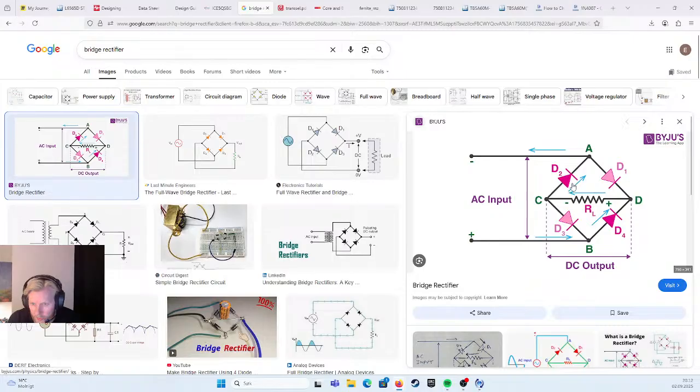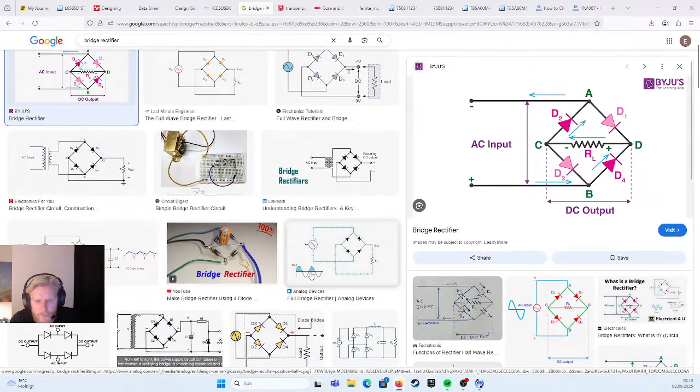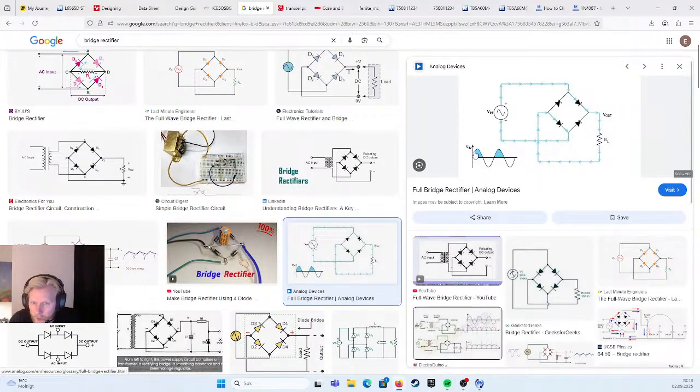The voltage drop across resistor. Okay, so in the positive waveform, passing through here, out and across the load, and back in here, this path, and then back to the source.